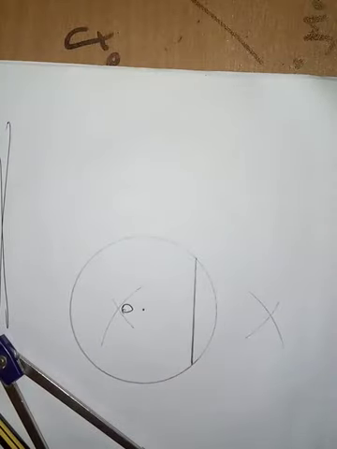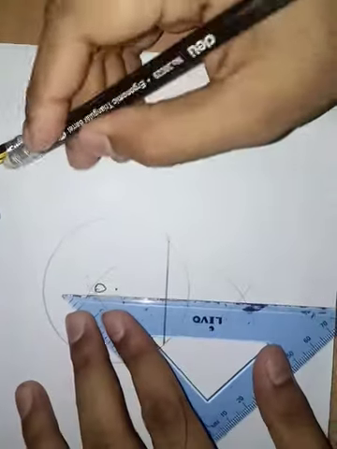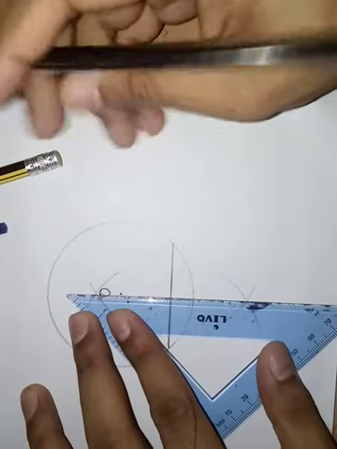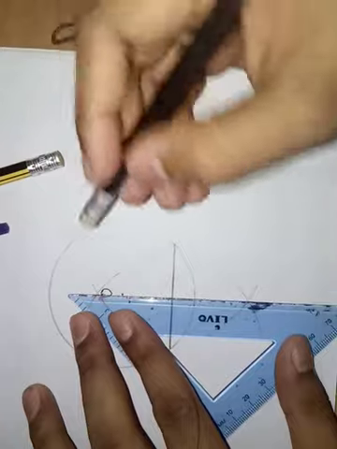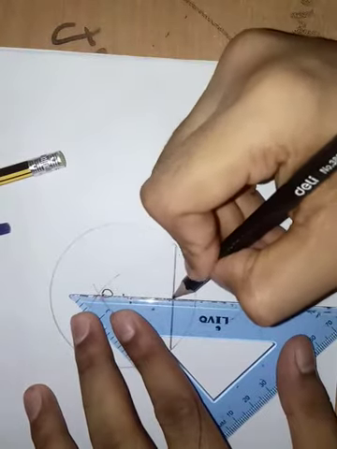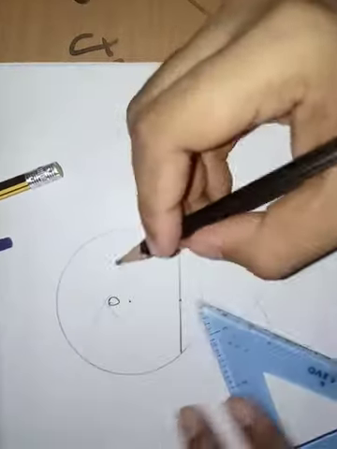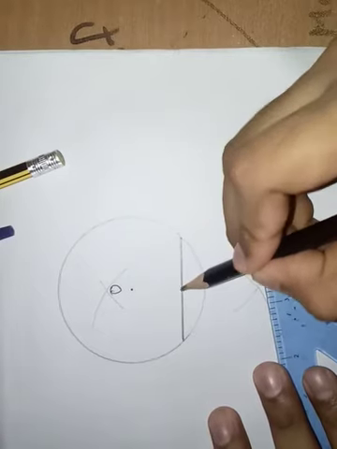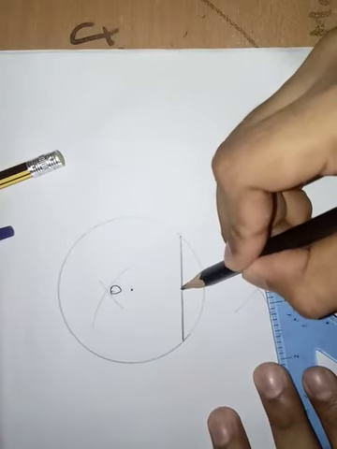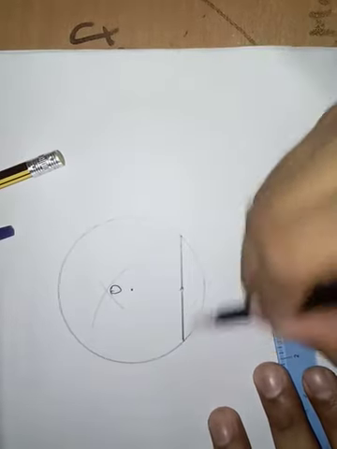If we join the intersect points, we'll have our midpoint on our targeted chord.